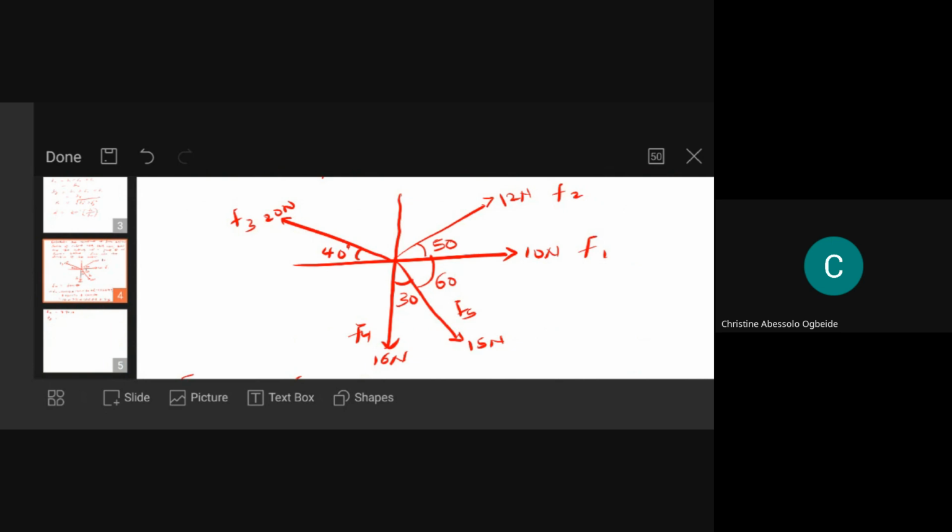Now let's go back and get the vertical component, F of y. Now for F of y in the diagram, I'll start from F1. For the first force, I have 10 Newton sine 0, because that 10 Newton's inclination to the horizontal is just what? 0, no inclination at all. So I have 10 sine 0.